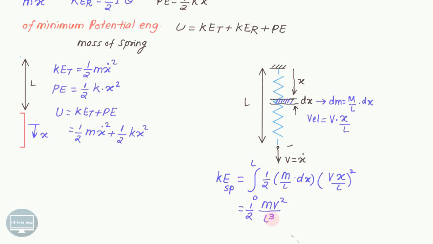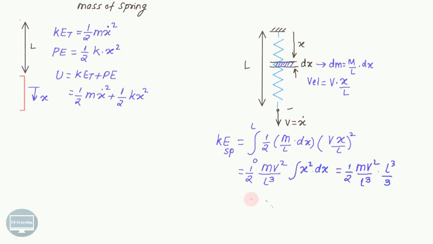Let's solve this. Constants: 1 by 2, m, v square, L square, L cube common, and x square is left. Integral of x square dx is x cube by 3, so L cube by 3, and L cube cancels out.